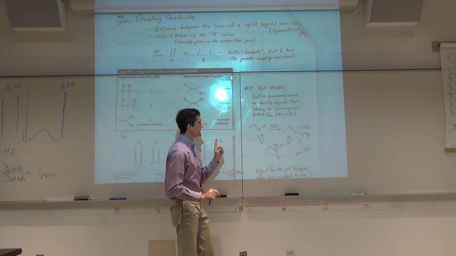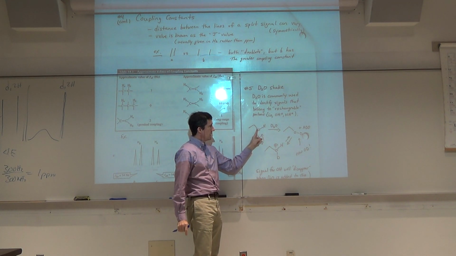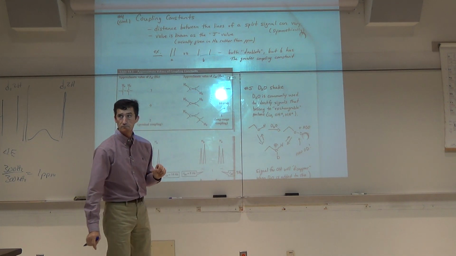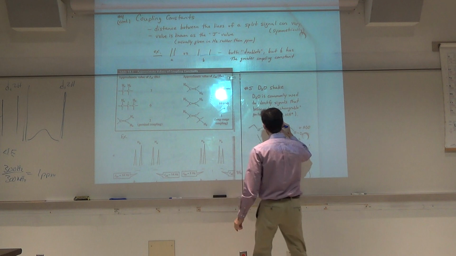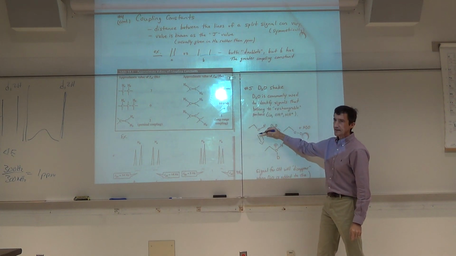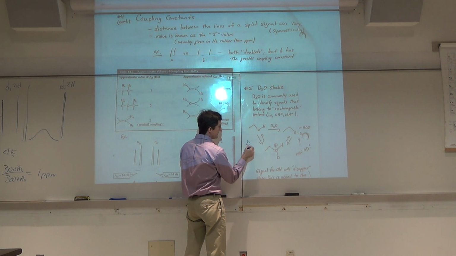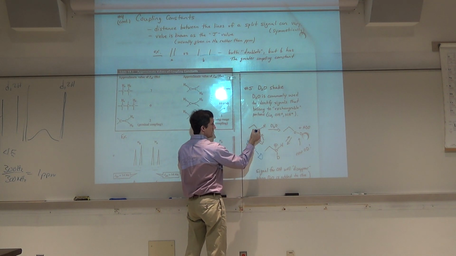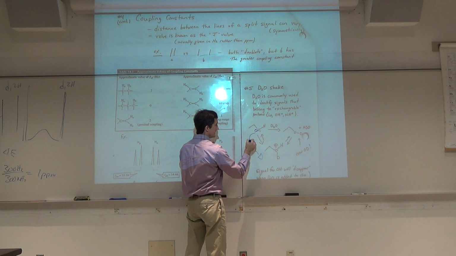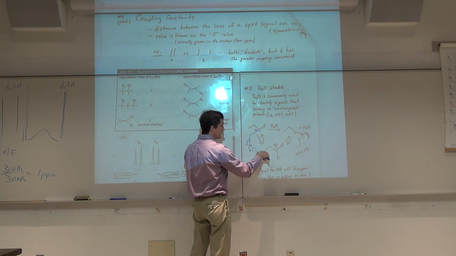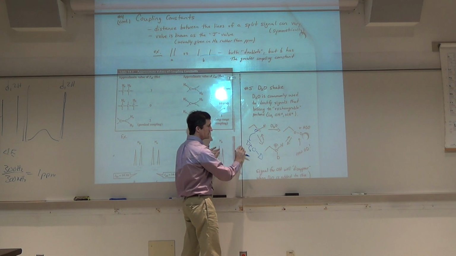What happens? Your OHs and NHs will exchange with the D2O. Now D2O is not an acid, but you still get equilibrium going on. And the D2O, these electrons will take the D. It's a very weak equilibrium. This is not acidic, but it does happen.